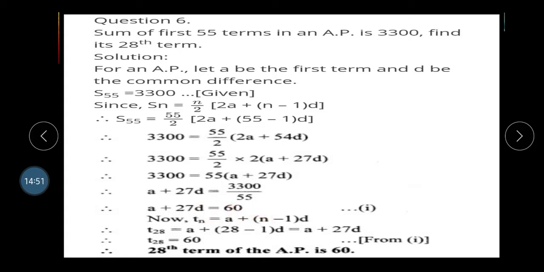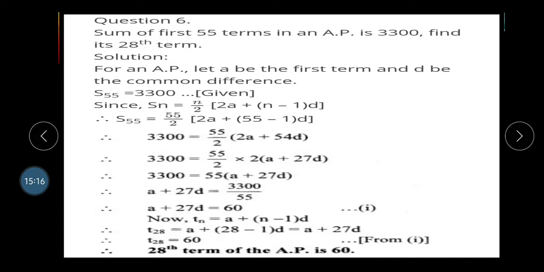Now to find the 28th term, we will write our formula Tn equal to a plus n minus 1 times d. Substituting the values, T28 equal to a plus 28 minus 1 times d.